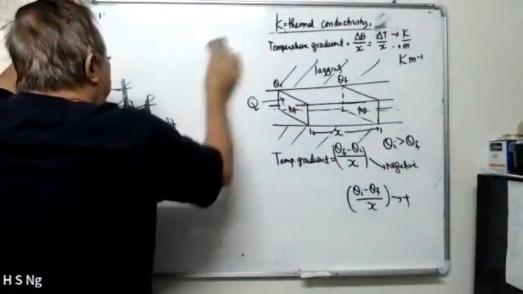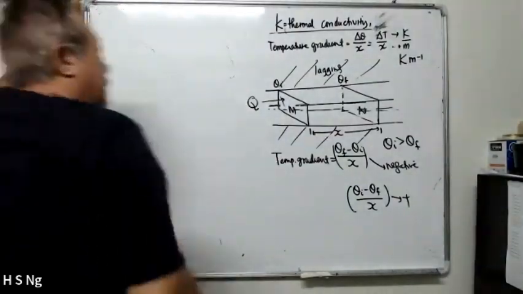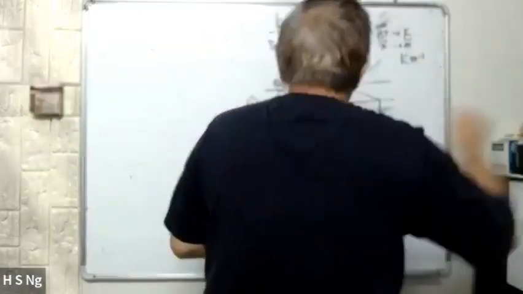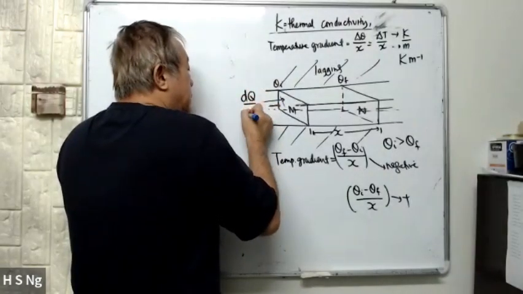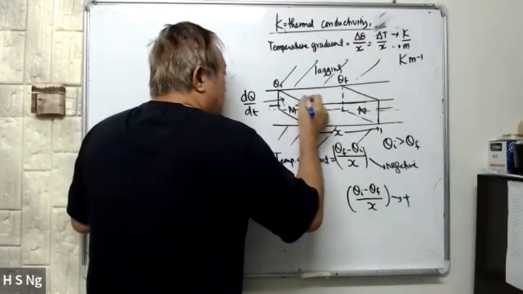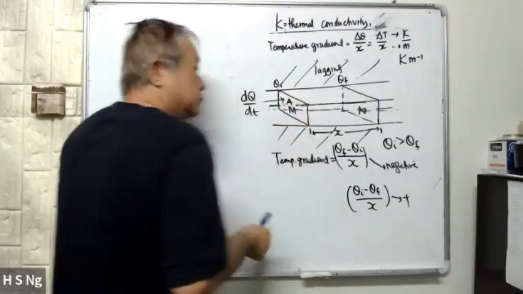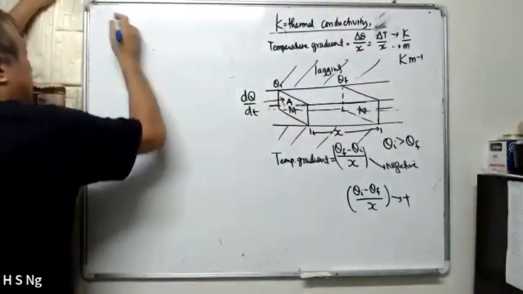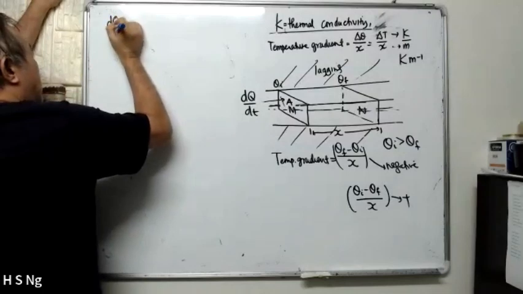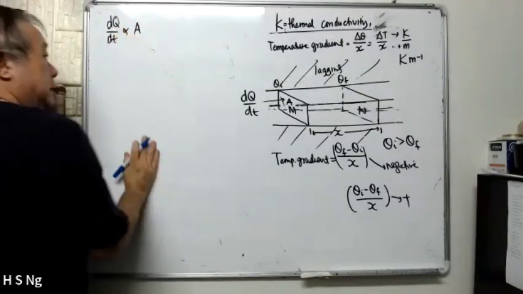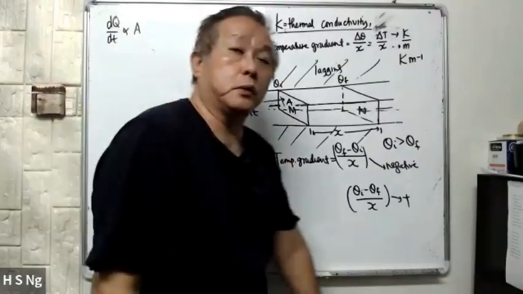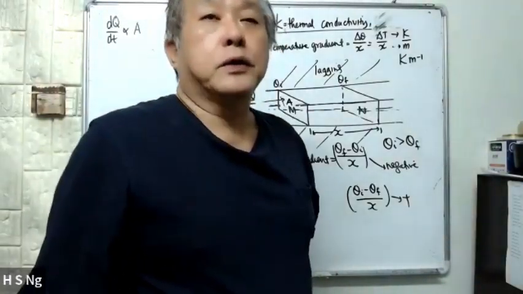Now let's see the formula. Now I do an experiment. The rate of heat flow is dQ over dt. Let's say the cross-sectional area is A. You find that the thicker the bar, the faster the flow. So it is directly proportional to the cross-sectional area.